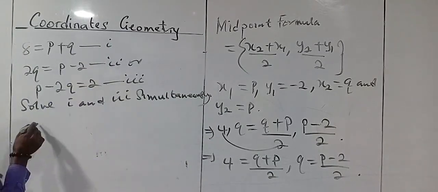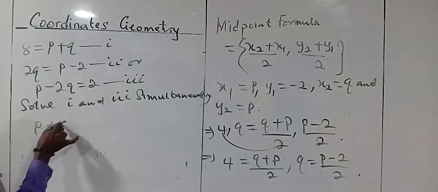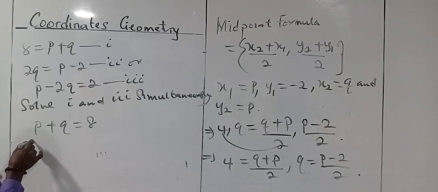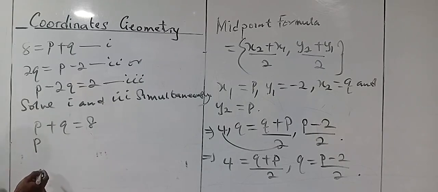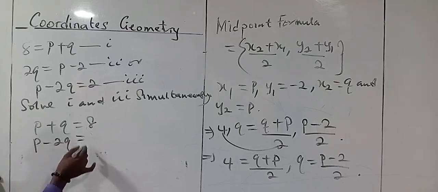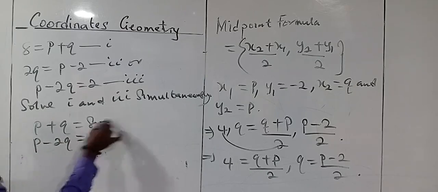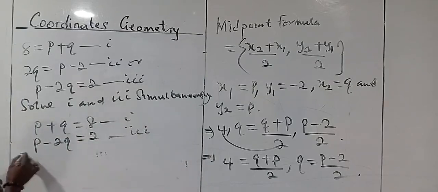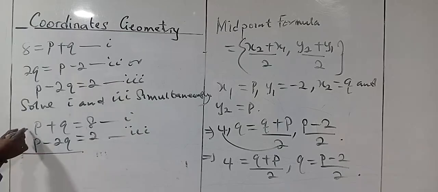Equation 1 is P plus Q equals 8, then equation 3 is P minus 2Q equals 2. Now you can use the elimination method. So when you use the elimination method, just multiply equation 1 by 2 and equation 3 by 1.